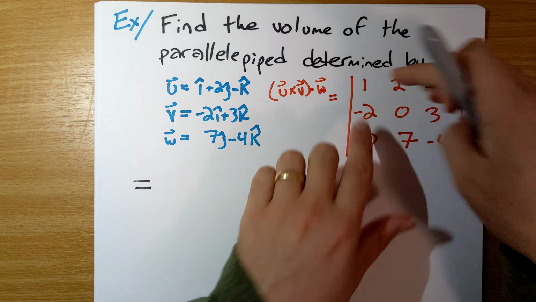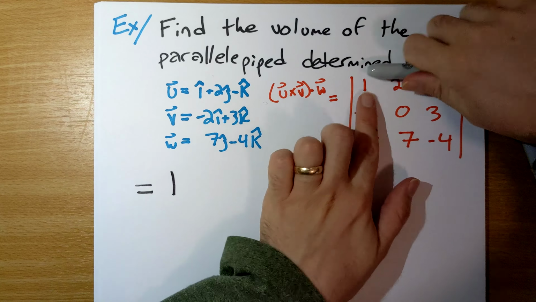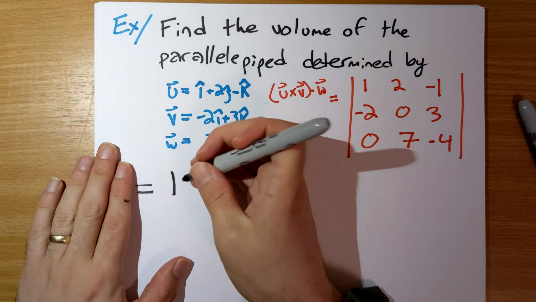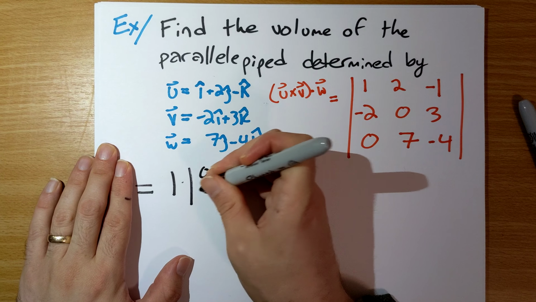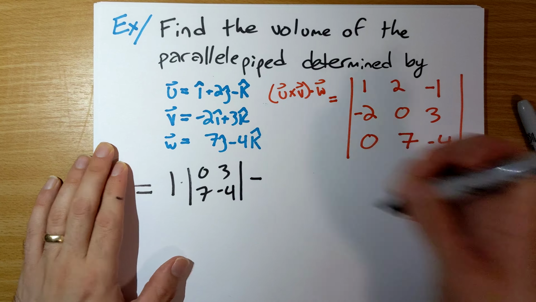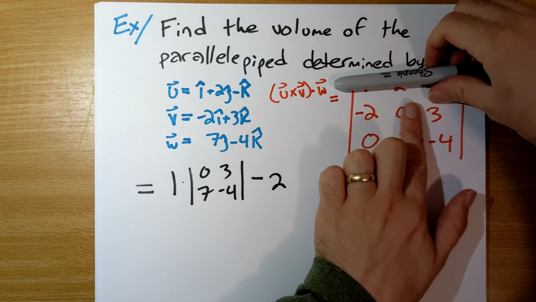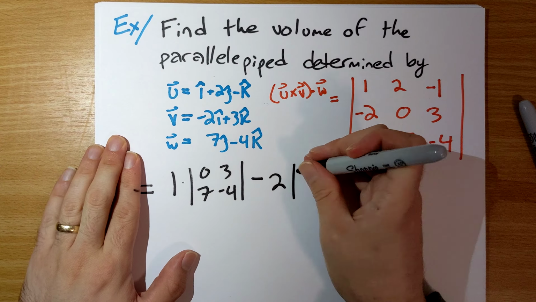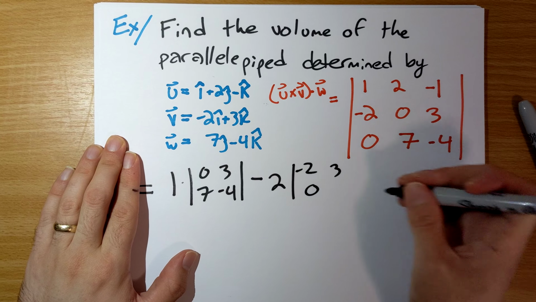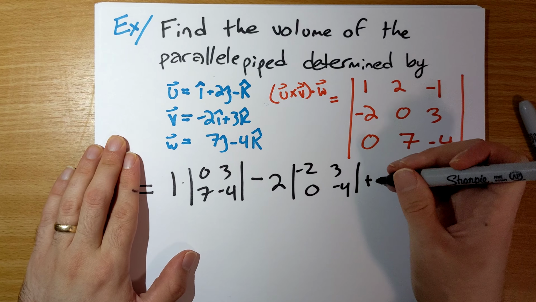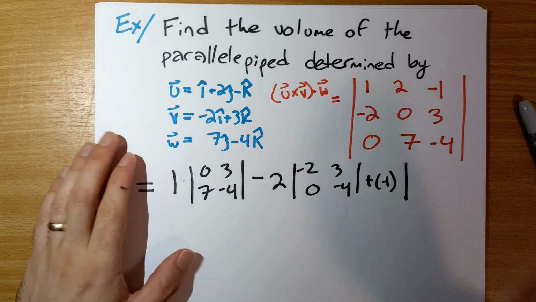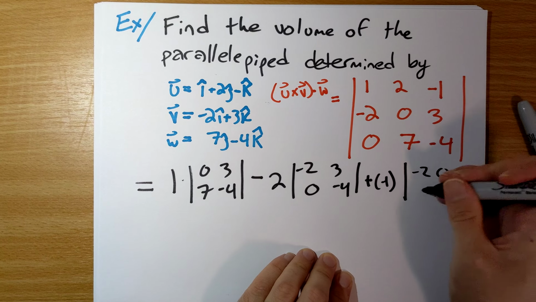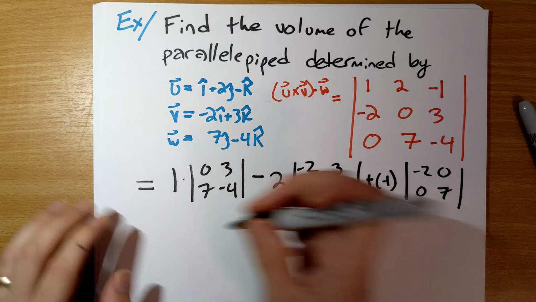So it's going to be 1 times the determinant you get by covering up this row and column, 0, 3, 7, -4, minus 2 times the determinant -2, 3, 0, -4, plus -1 times the determinant -2, 0, 0, and 7.